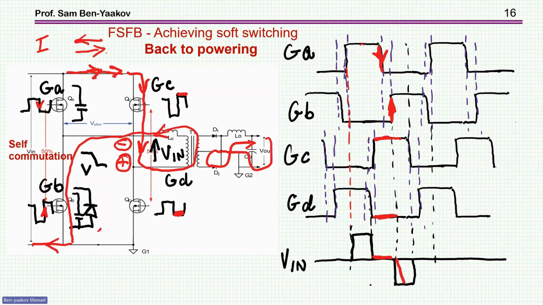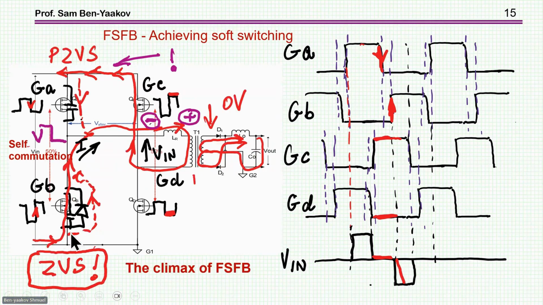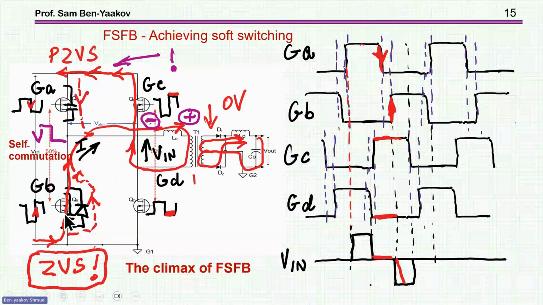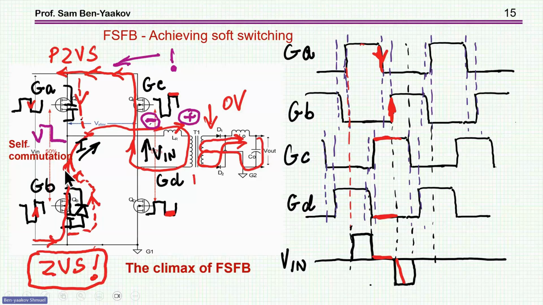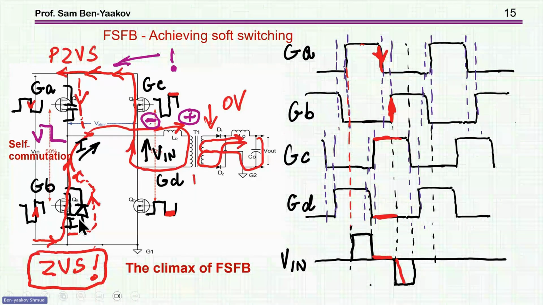Okay? So the trick was to have a certain section of time in which the current is reversed so that the diode will conduct and I'll be able to turn on the transistor in zero voltage switching.